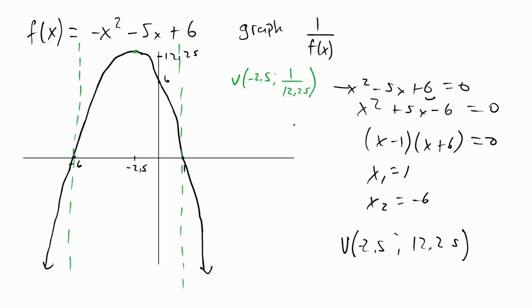It's going to be its reciprocal. And it's going to flip, meaning it's going to change from maxima to minima. So it's going to be a minimum point right over here, 1 over 12.25. It's a really small value, so I'm just going to mark this right over here. And our graph will look something like this.